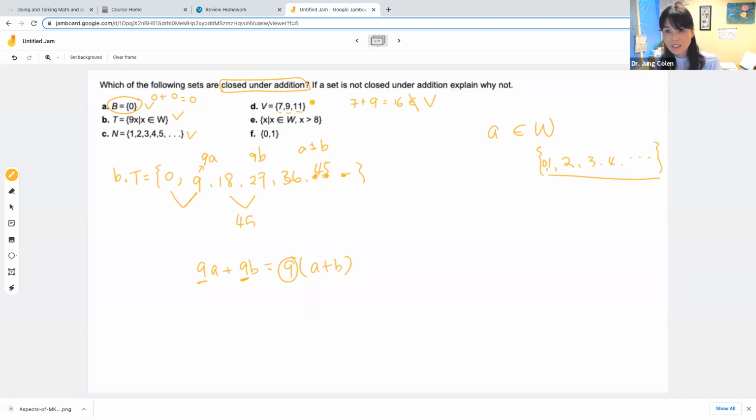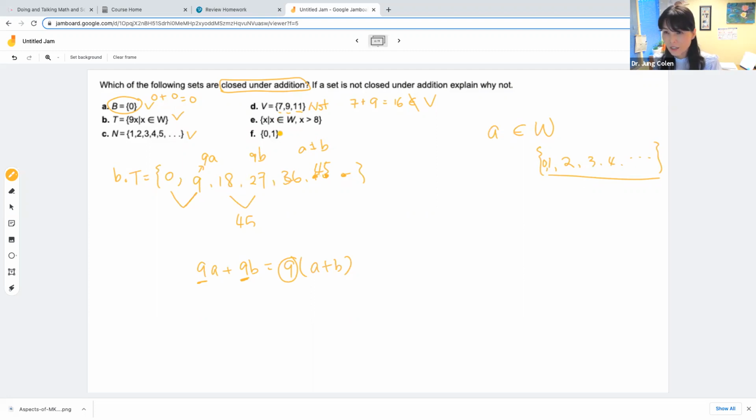So it is not closed. This is a counterexample that makes this statement false. So it is not closed, and I gave you the example there. You can also pick 7 plus 7 is 14, but 14 is not an element of B.